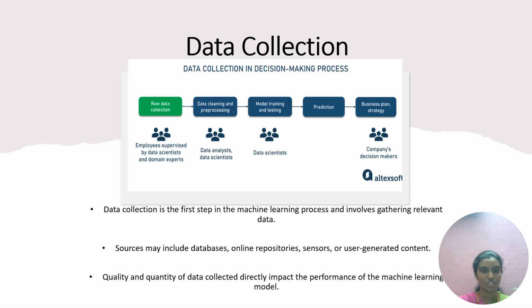Data collection is one of the most important and primary steps in machine learning. Here, the raw data is collected at the first stage, and then the collected data is cleaned in pre-processing, where the data analyst and the data scientist work on data cleaning.